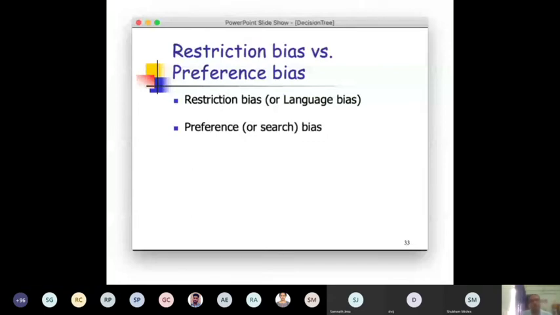So one interesting comparison is with respect to the previous approach of concept learning, where we used algorithms like candidate elimination, and the kind of representation of hypothesis that we took, which restricted the hypothesis space.